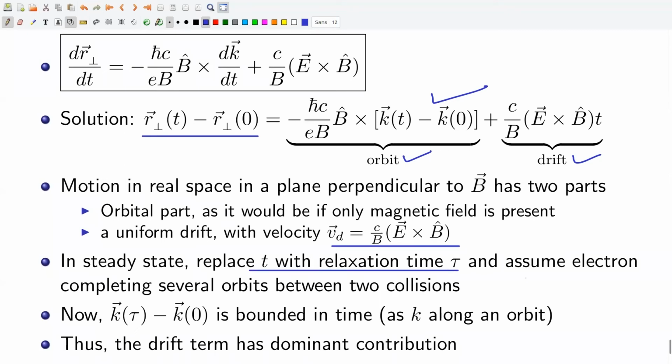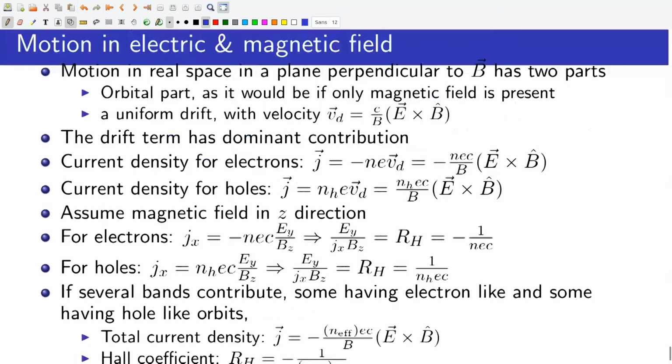And we also assume that the electron is completing several orbits between two collisions. We know that if only magnetic field is applied, the electron is doing orbital motion in k space as well. So this term is bounded in time as k is along an orbit. Thus, the drift term has dominant contribution.